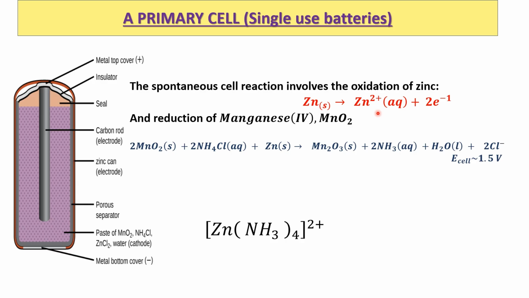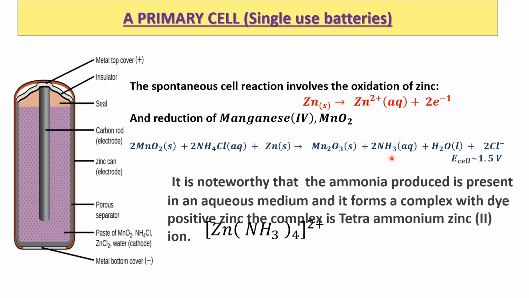It produces zinc ion in the aqueous state, and then manganese dioxide MnO2, in presence of ammonium chloride and the solid zinc, react together to form Mn2O3, gives out ammonia, and also water is formed. Chloride ions are also released. Now you have to note that ammonia is normally a gas, but there is no gaseous ammonia produced because the moisture is there and aqueous ammonia is formed.